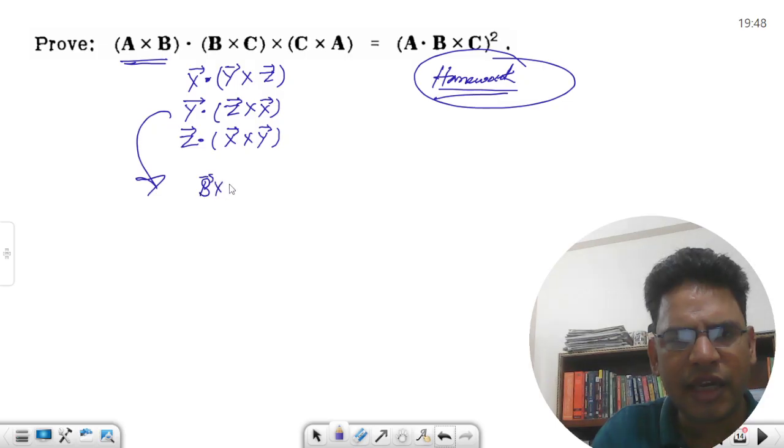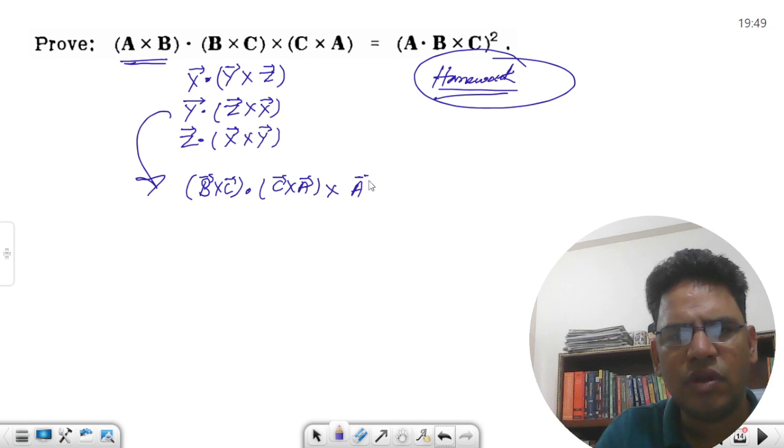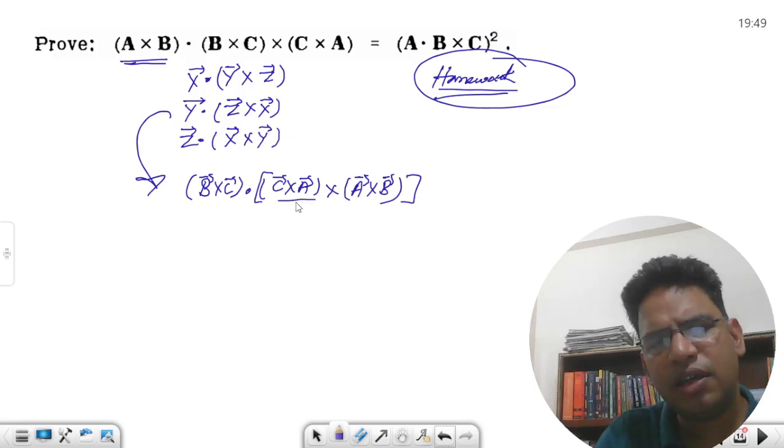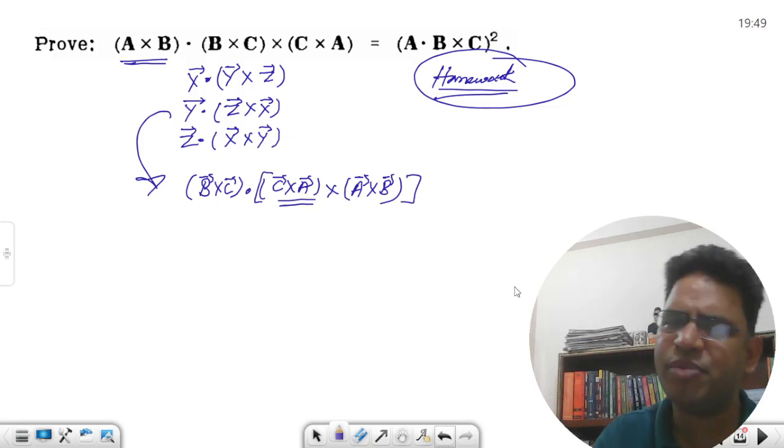It is my b cross c vector dot, what is z? Z is c cross a vector, and you are crossing it with c cross a with a cross b, okay, and you are going to get something out of it, okay. Okay, you can apply now cross product and then you get the answer.